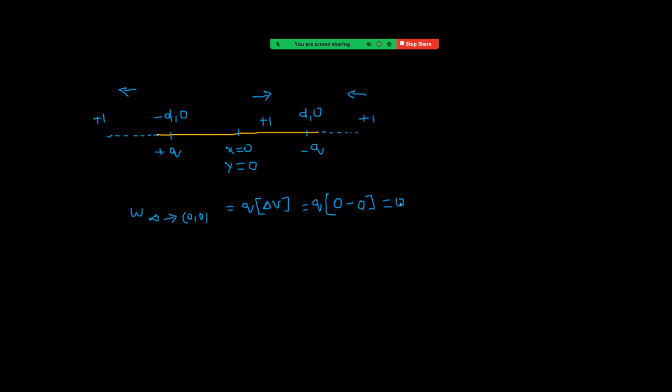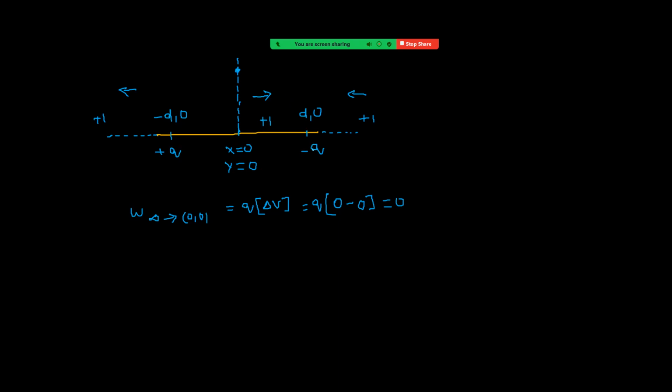Next, see what we have to focus on. It is regarding the direction of electric field on the y-axis. Focus carefully on the y-axis. If you remember, taking plus q and minus q as a dipole, on the perpendicular bisector the field will be opposite to the direction of dipole moment.